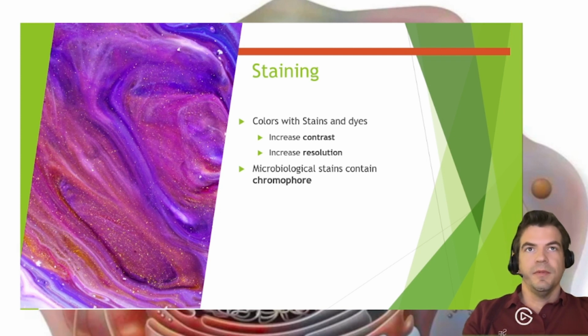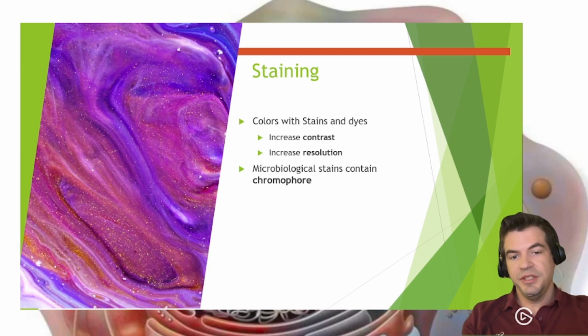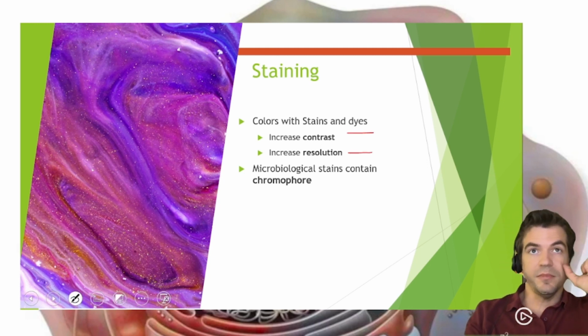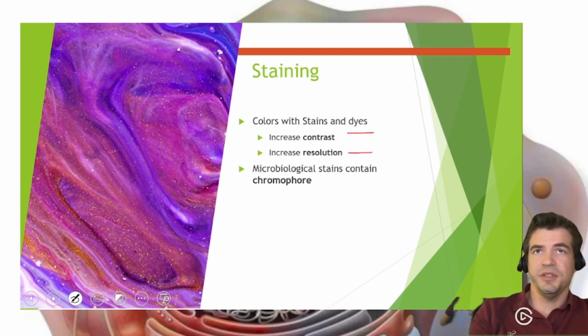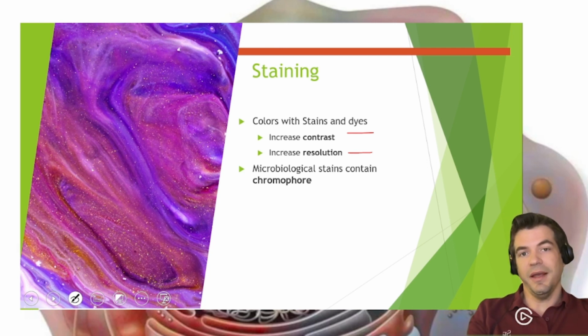So we've kind of alluded to it in the last video. Staining is going to increase our contrast and allow us to increase our resolution. It's easier to see two different colored things than it is to see clear things, and we'll see that in what's called a negative stain or the capsule stain.